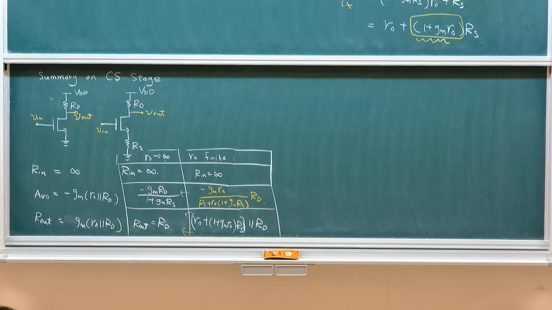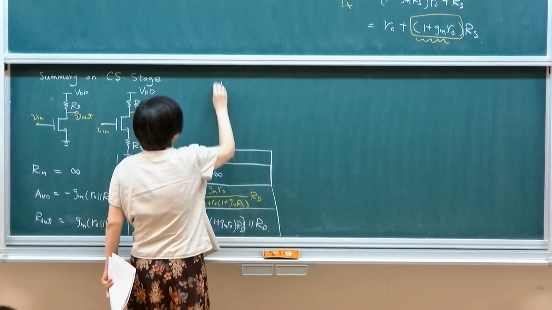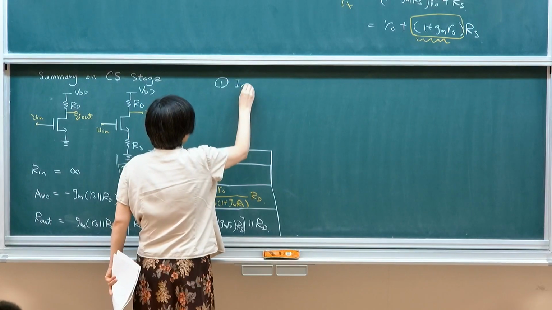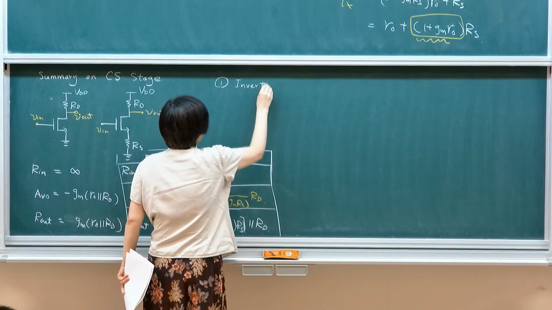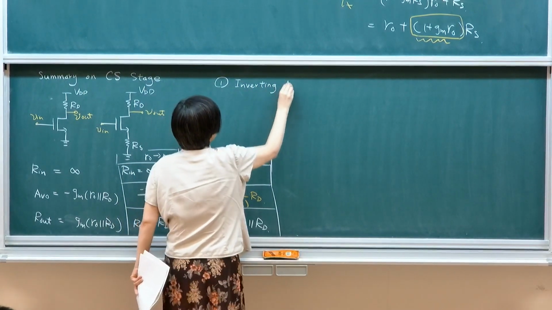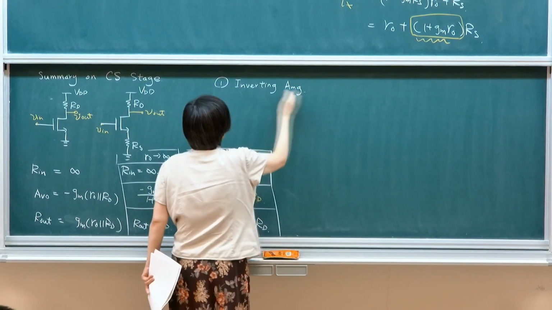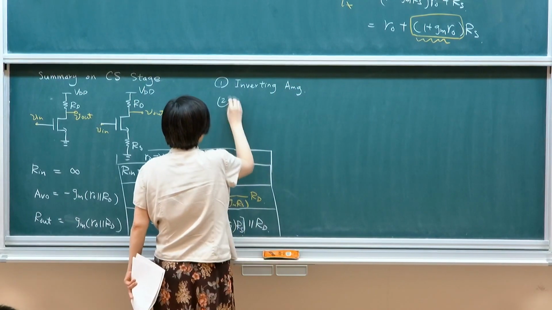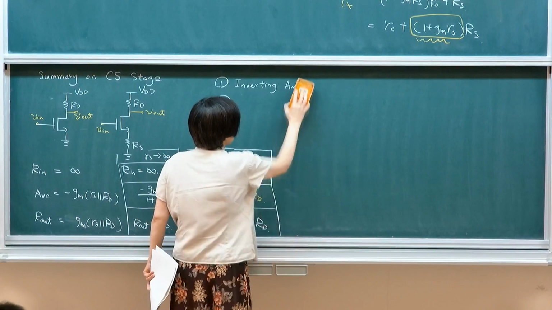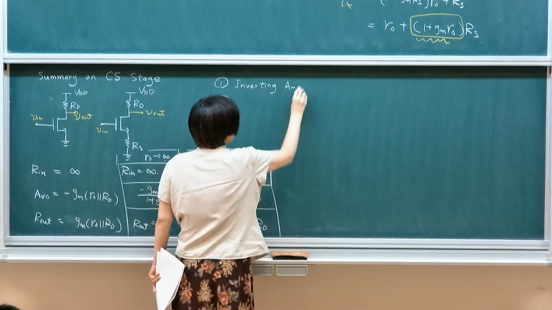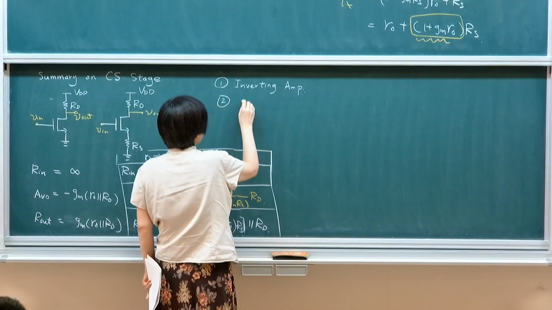So you basically get a sense as to, it's just an amplifier. I want to emphasize once again, it's an inverting amplifier. It's typically used, as I said, for the gain stage.